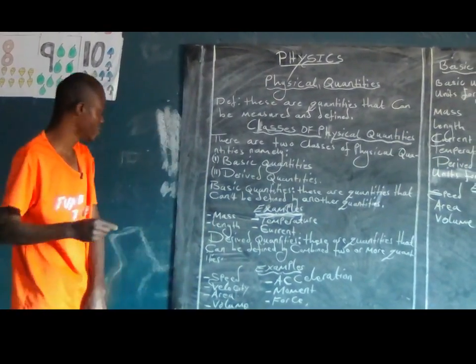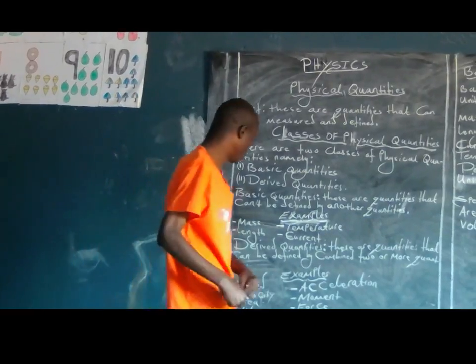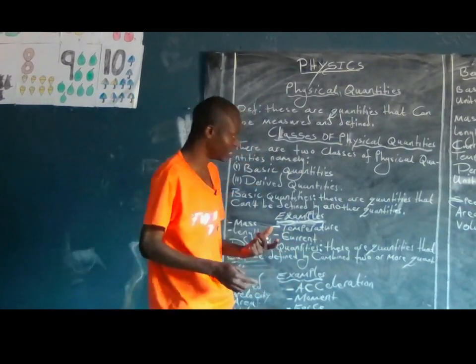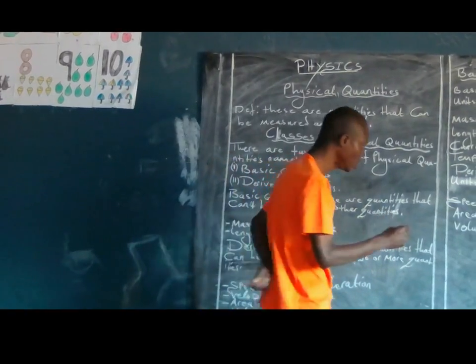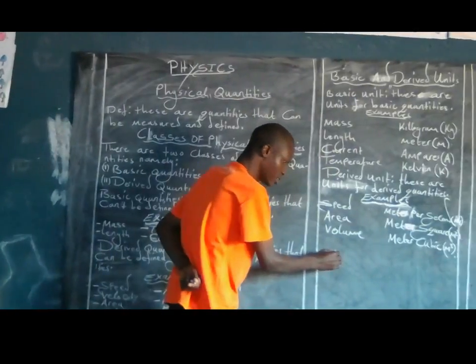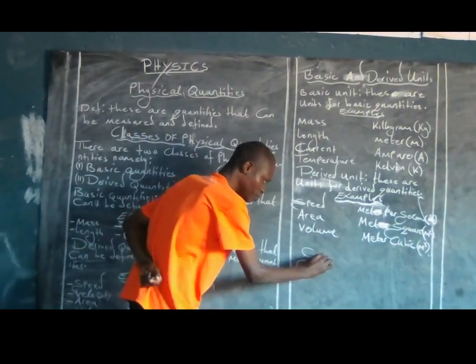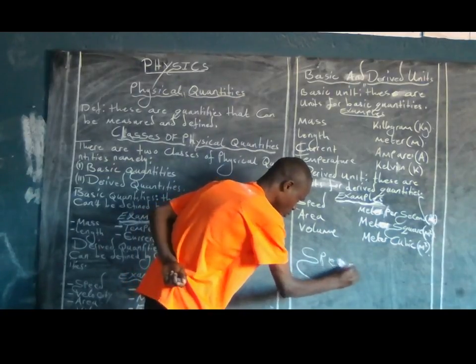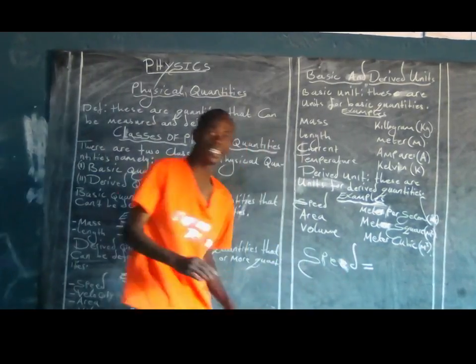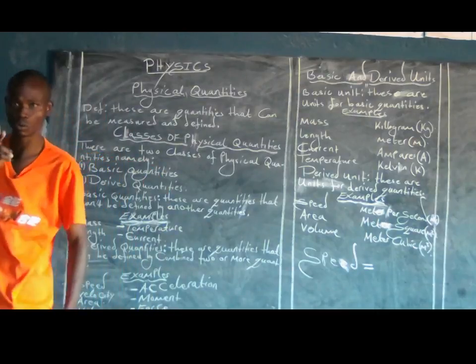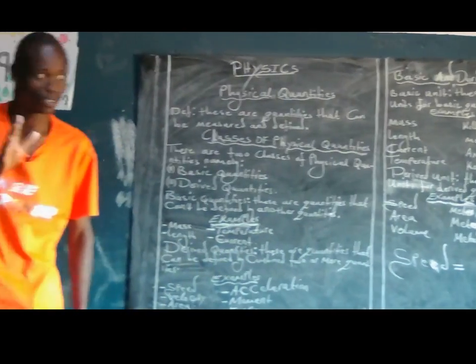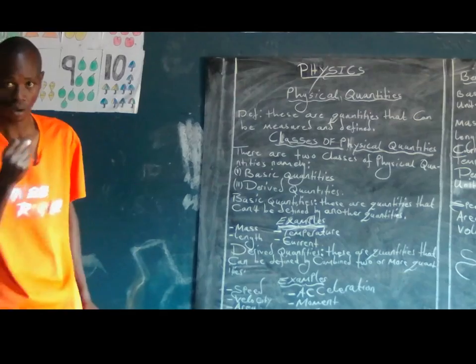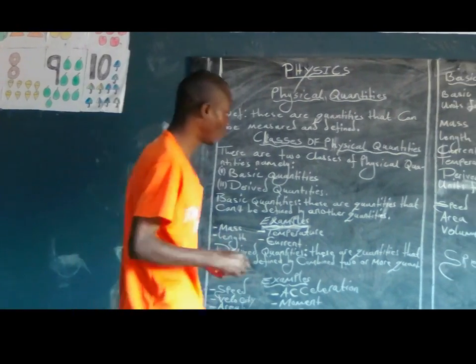Let me give you an example of a derived quantity. It is speed. Speed is defined by combining two basic quantities.